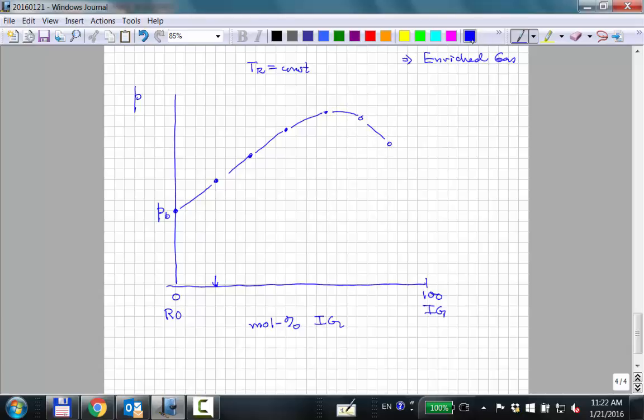Where this point here might be a bubble point. So I'll make these green to be consistent. Bubble points. And then dew points.